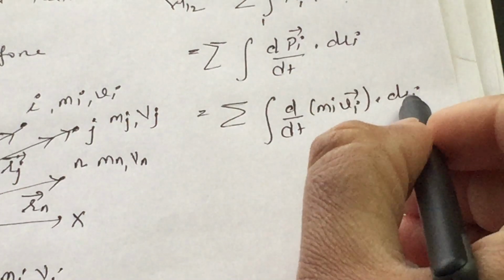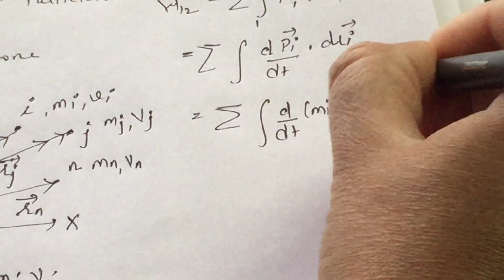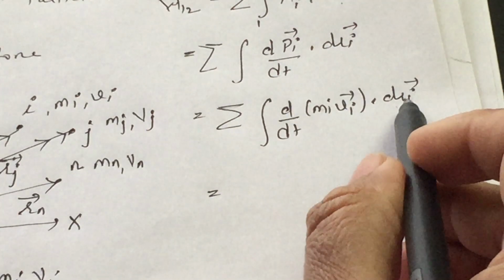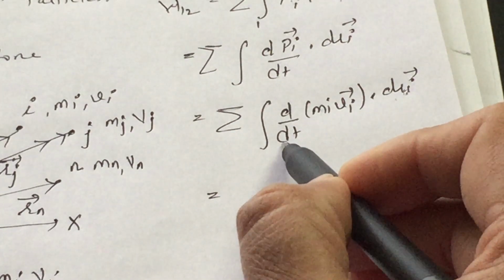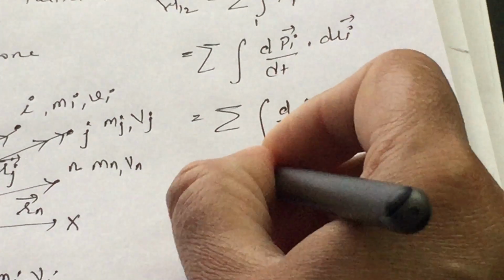If we just take these two terms, dri upon dt, this is nothing but the displacement of the ith particle with respect to time. It represents the velocity of the ith particle.